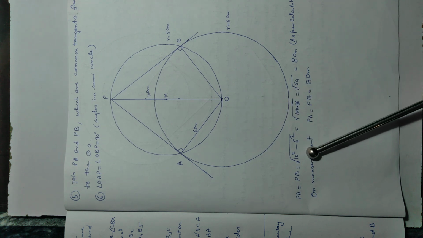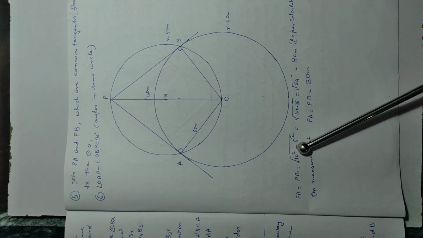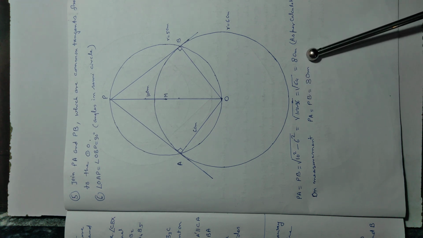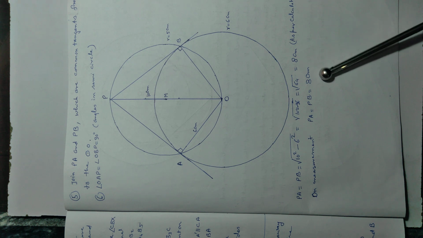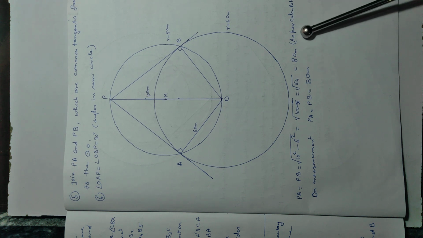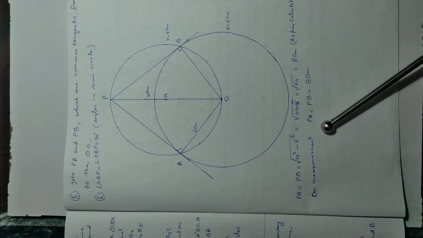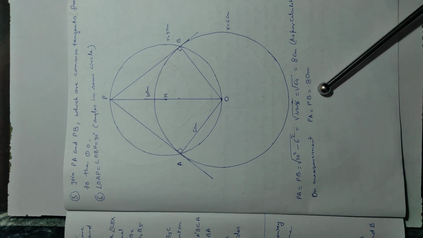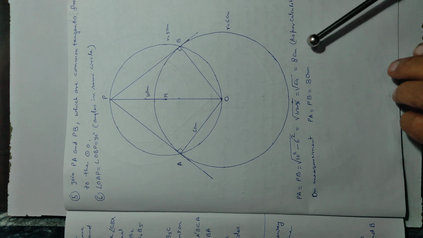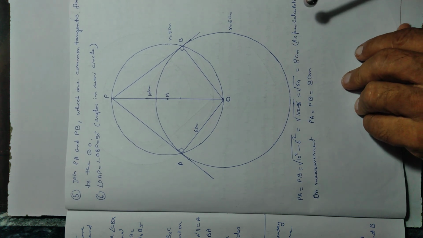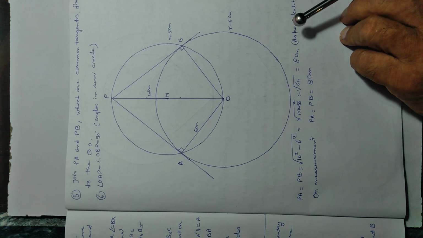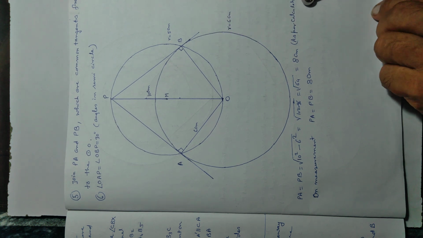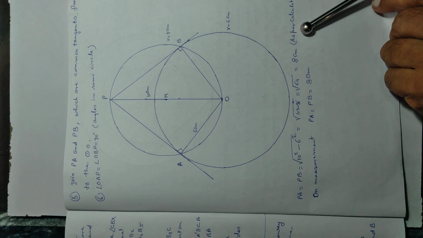Similarly, 10 square minus 6 square का square root लिया, 100 minus 36, that is root 64. 64 का square root आया 8 cm. As per the calculation and the measurement, PA and PB is equal to 8 cm also. So there is no discrepancy in the measurement as well as the calculation. Both are equal to 8 cm.